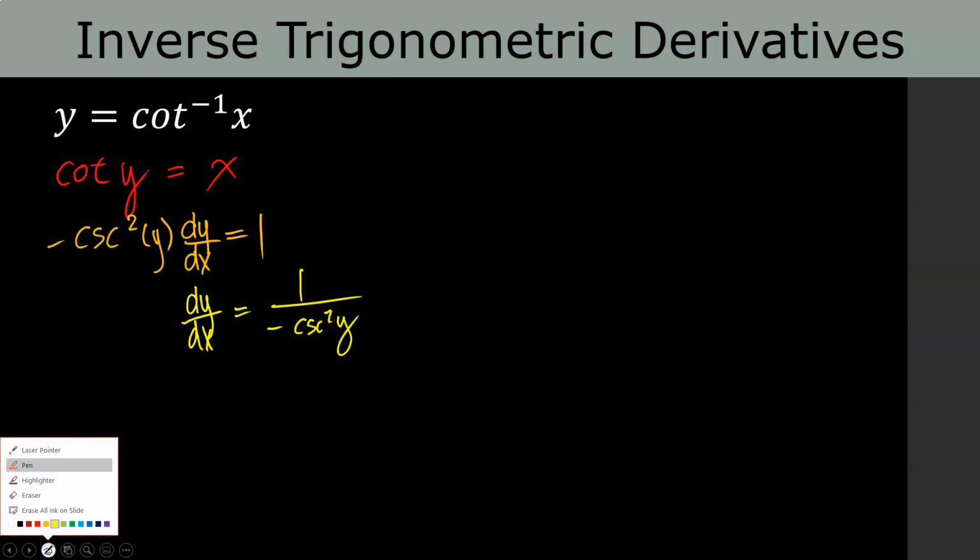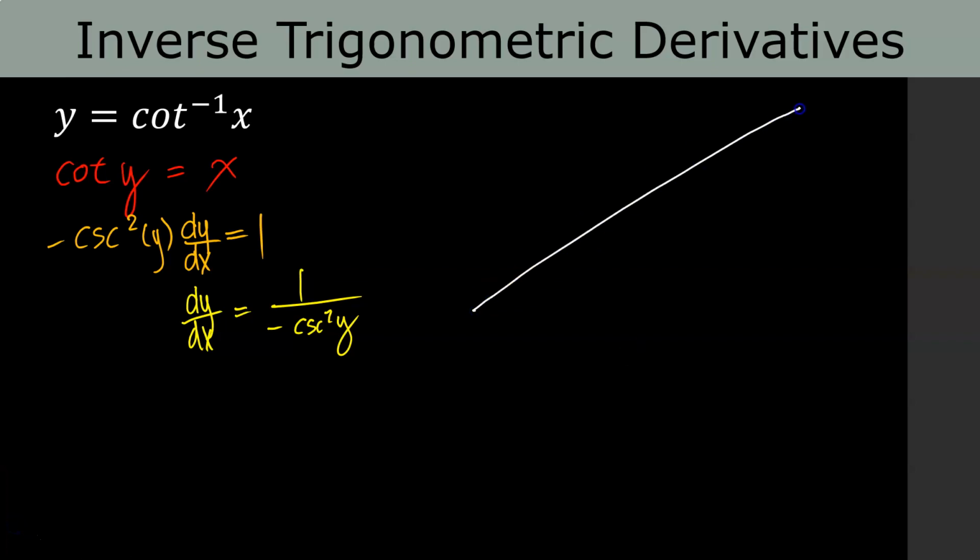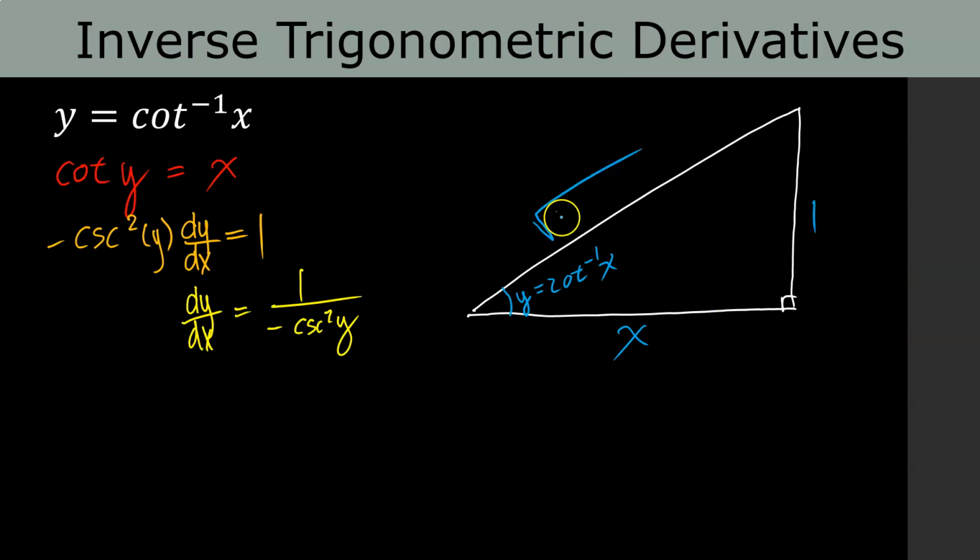And I am going to need a triangle. So y, this angle, is the same as inverse cotangent of x. So that means the adjacent side length divided by the hypotenuse is the ratio x. And the hypotenuse is going to be the square root of 1 squared, or just 1, plus x squared.